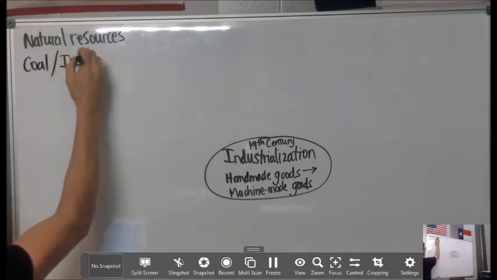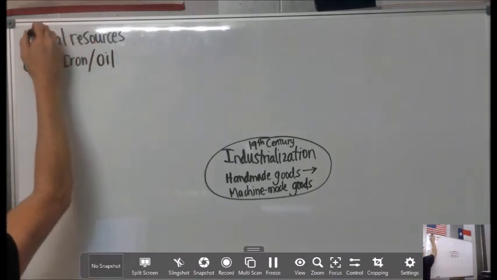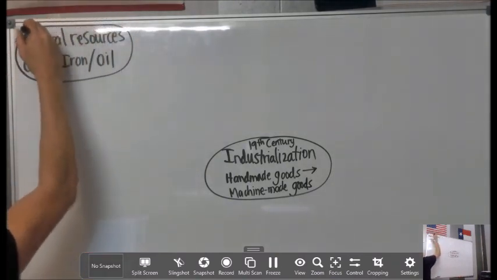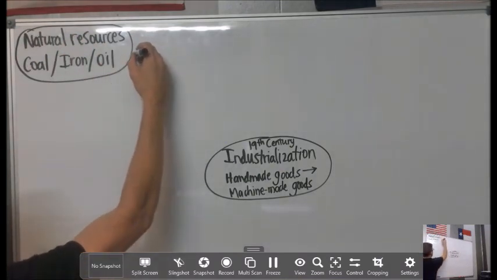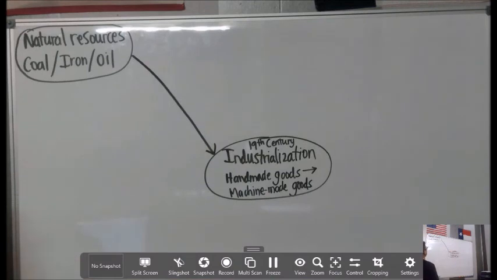Iron, and later oil. Okay, so if you have those natural resources, you can make a lot of goods. Of course, we have lots of cotton for fabric, we have trees for timber, plenty of resources in North America.